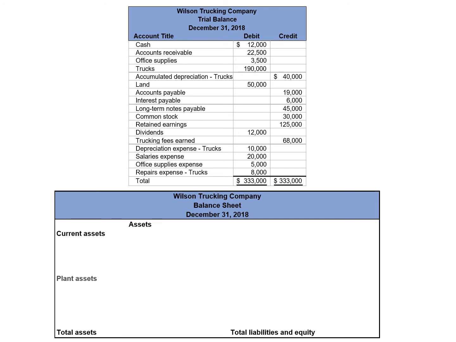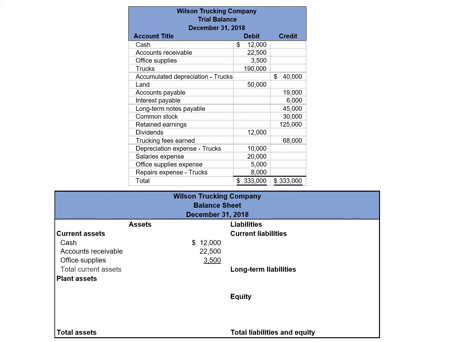So we have assets current and plant, liabilities current and long-term, and then our equity section, right? So current assets readily convertible into cash. So that's going to be your cash, your AR, and your office supplies. Plant assets are going to be your long-term expensive items, trucks, land, buildings, that kind of thing. In this case, we just have trucks and land.